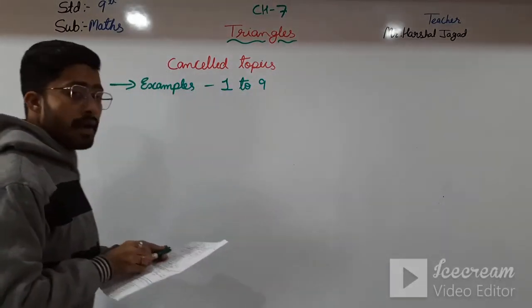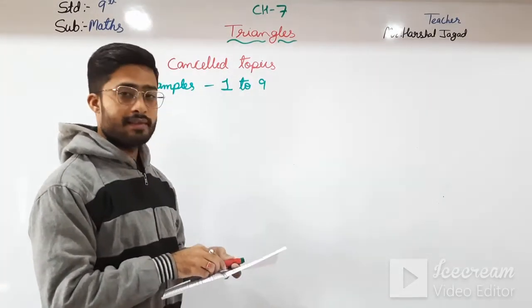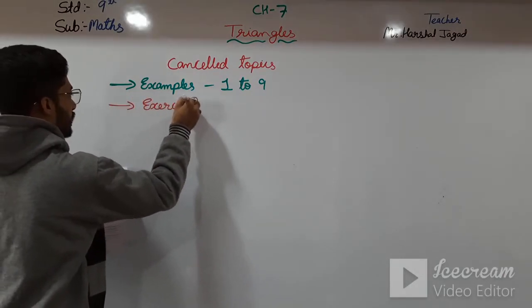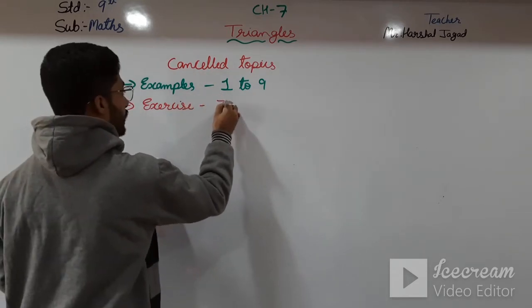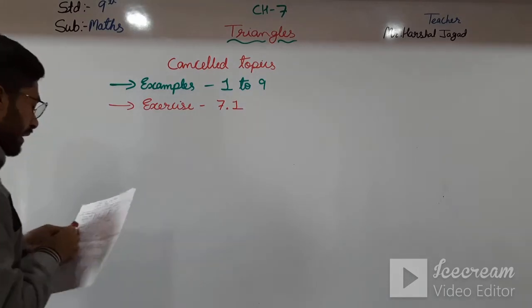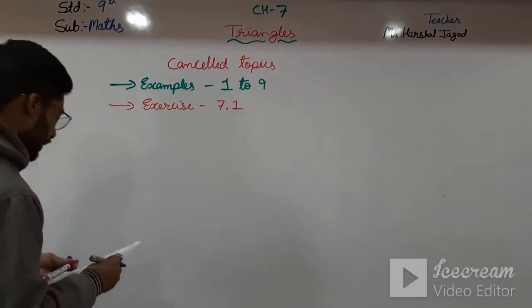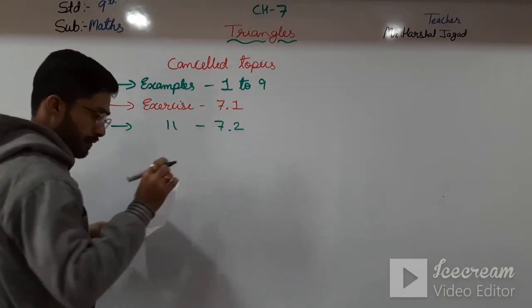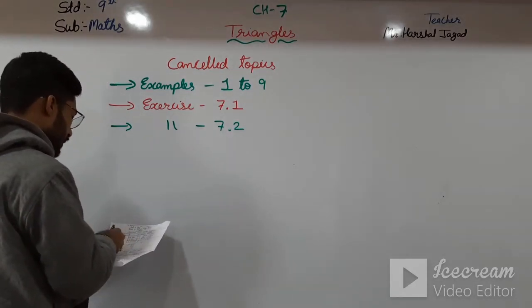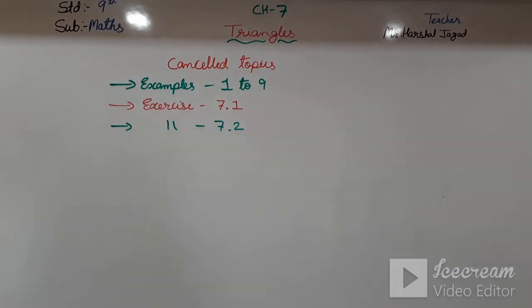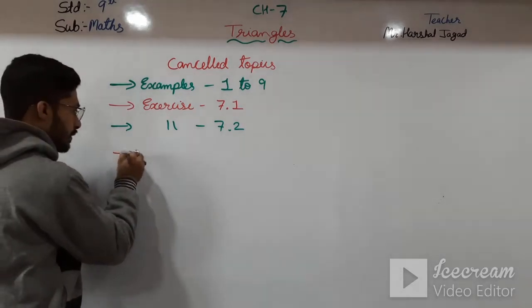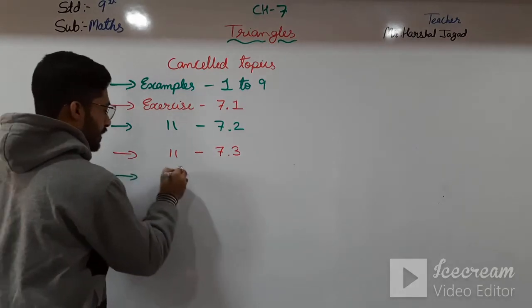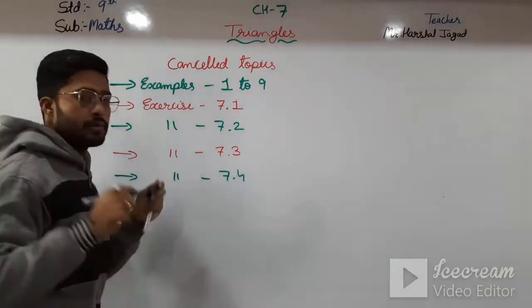Okay, I think you will be happy with this chapter. Then exercise 7.1 is cut, 7.2 is cut, 7.3 is cut, and at last 7.4 is also cut.